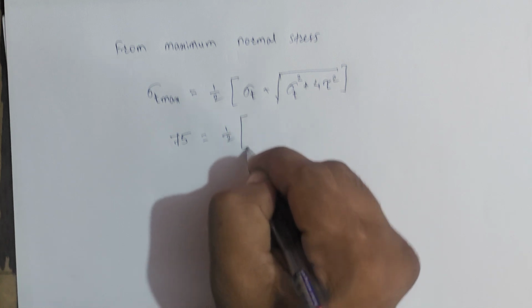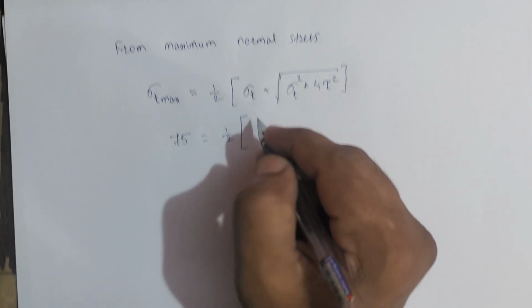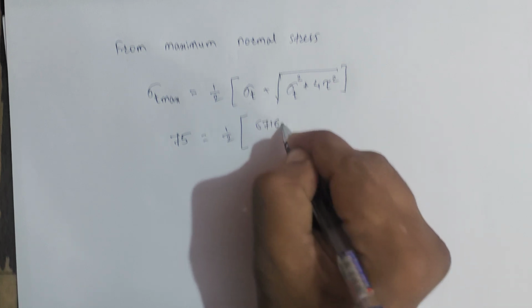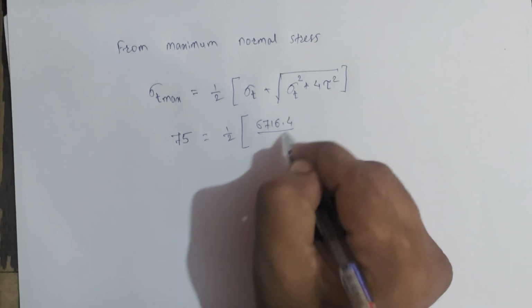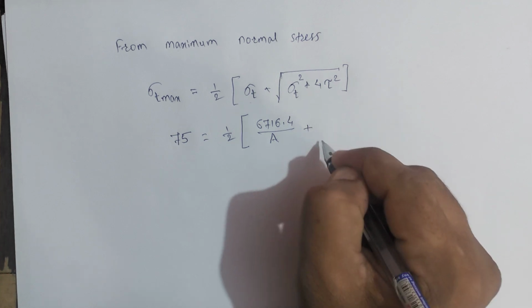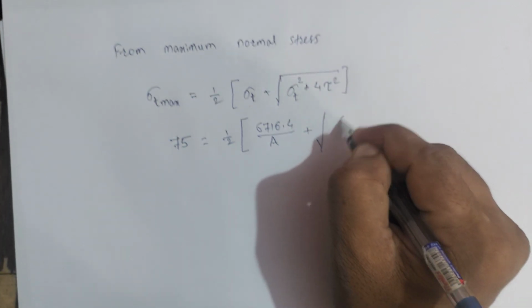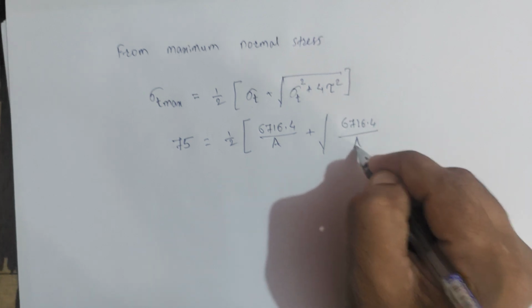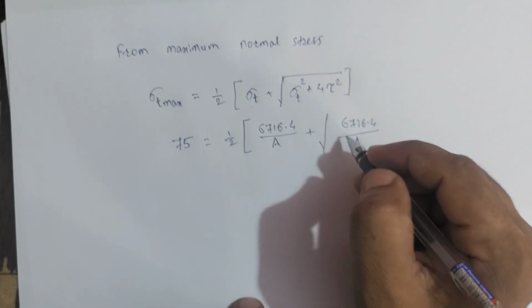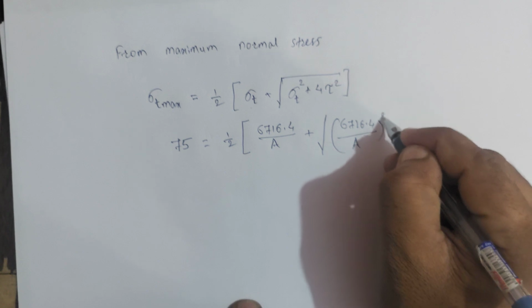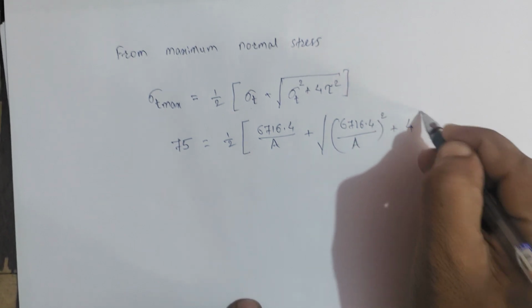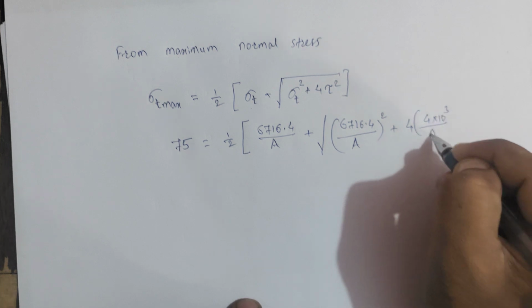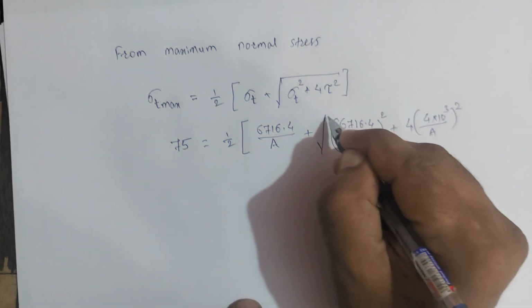This sigma T value we have calculated in terms of A, 6716.4 by A, plus under root of bracket square plus 4 into 10 to the power 3 by A bracket square.